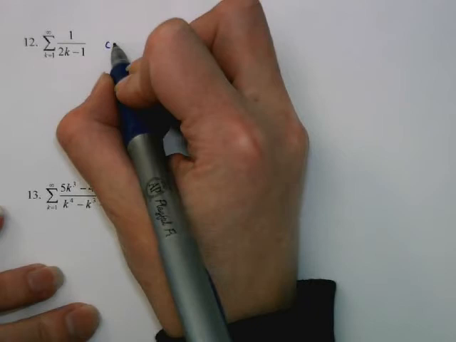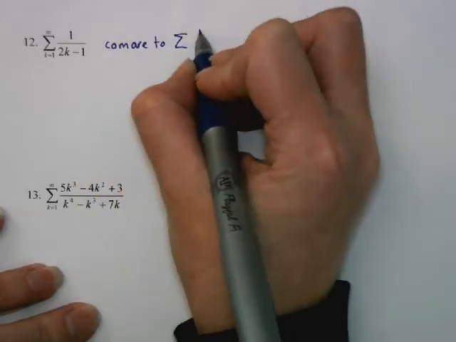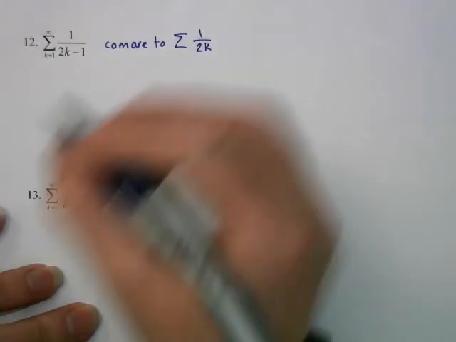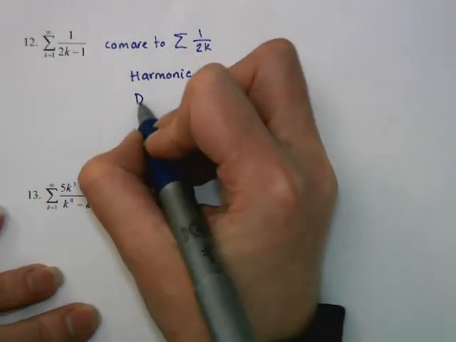In this next one, we're going to compare to 1 over 2k, which is harmonic. Therefore, it diverges.